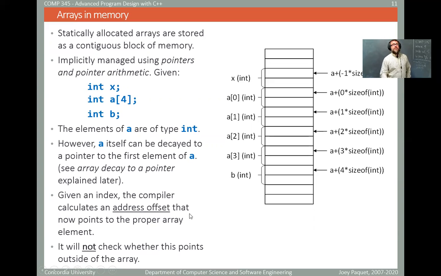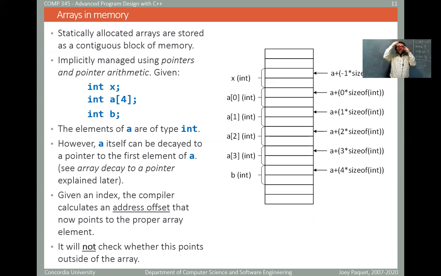So the idea which comes hand in hand with this is that as the compiler is figuring out how to access the members or the elements of an array, it will compute offsets with reference to the address of the first memory cell containing this array inside of the memory. So it knows the address of the first memory cell.